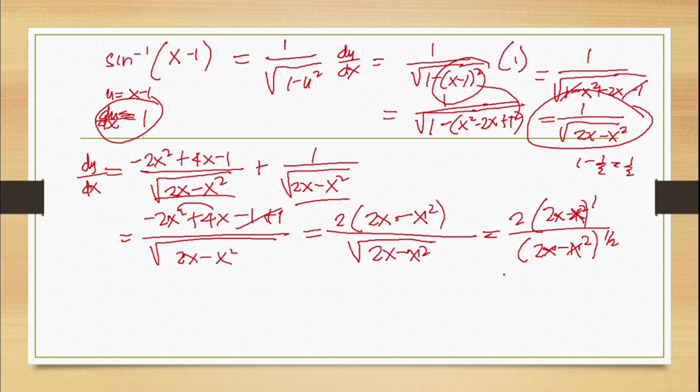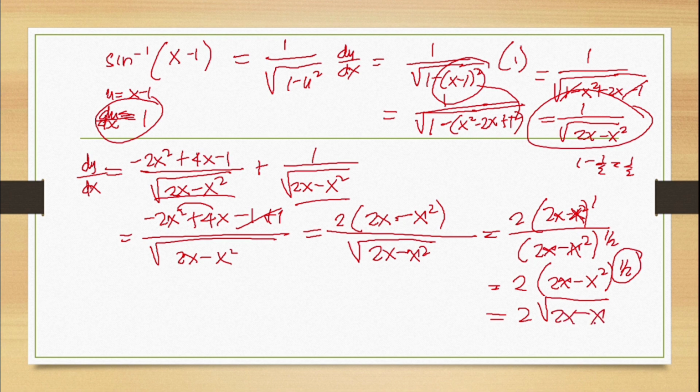Therefore, this becomes (2x minus x squared) raised to 1 half, which is positive, so we can express this as 2 times the square root of 2x minus x squared. So dy over dx is the result for this number: 2 times the square root of 2x minus x squared.